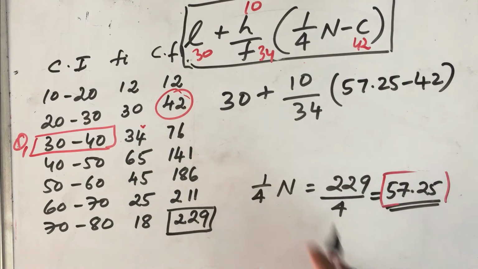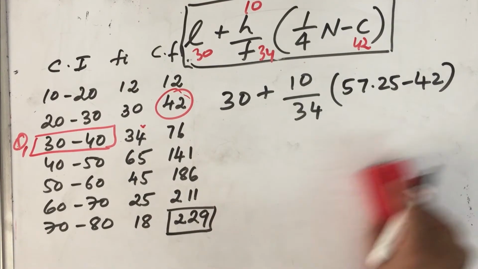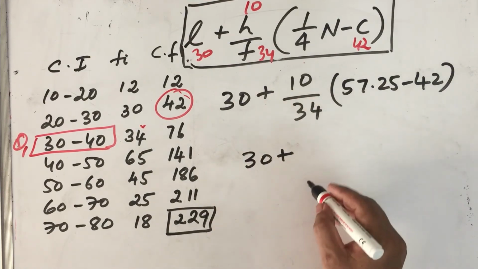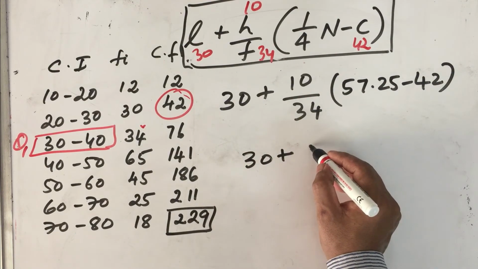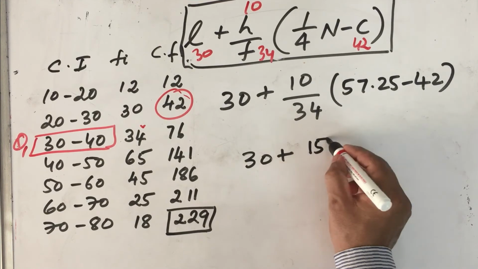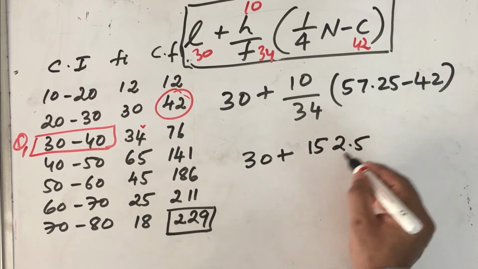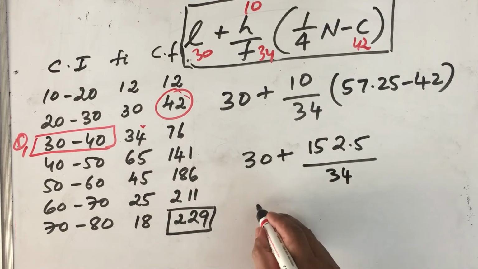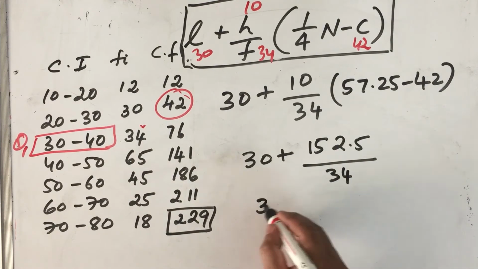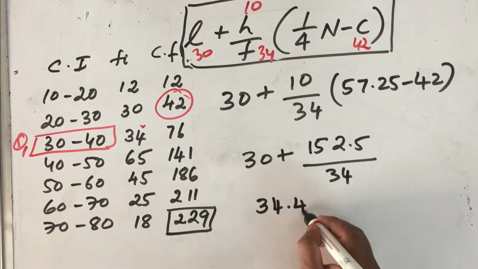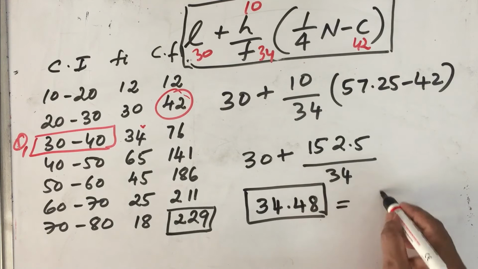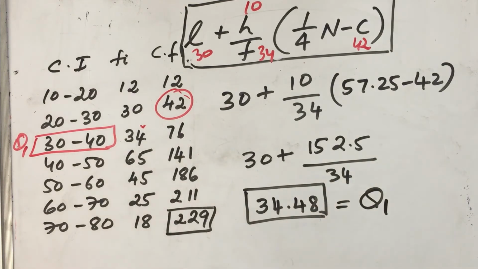This is equal to 30 plus 152.5 divided by 34. That is equal to 34.48. So this is Q1, quartile 1 of this particular distribution.